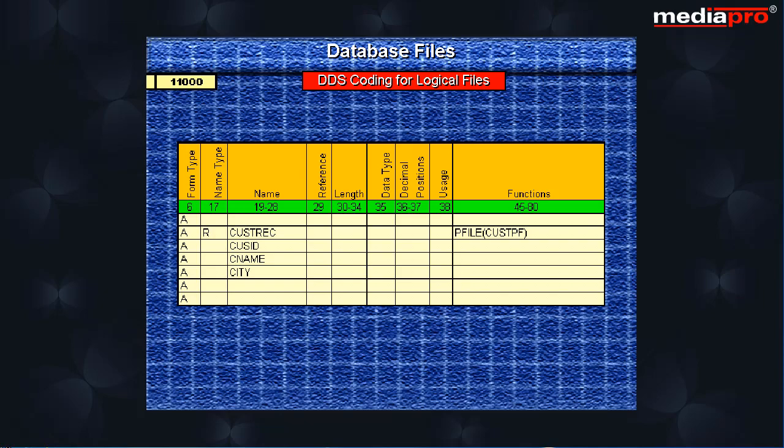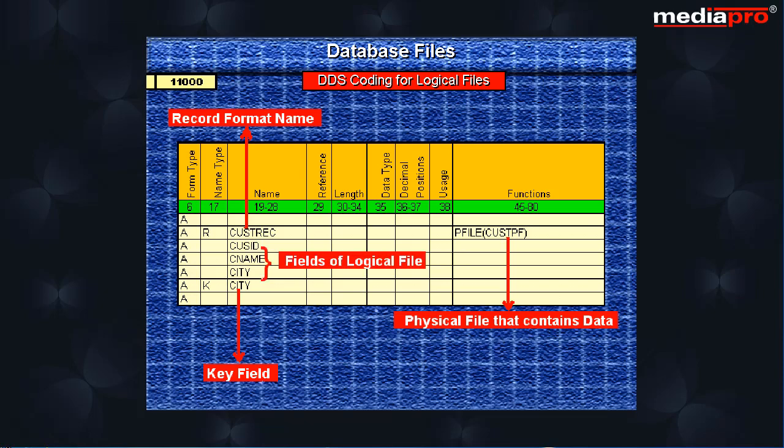Then we define the key field city by putting a K in column 17 and the field name in column 19 to 28. This completes our requirements. We can now create the logical file. Applications using the logical file will see only the fields that are coded in the logical file.